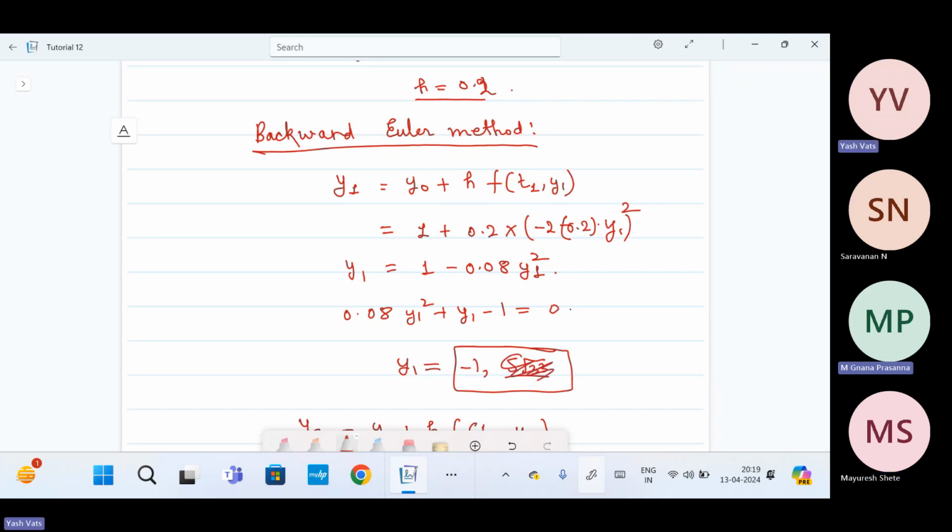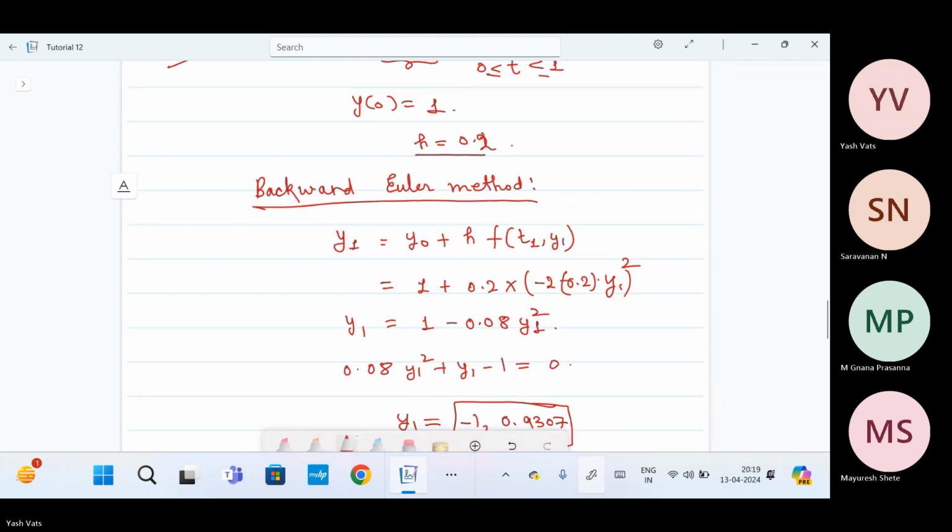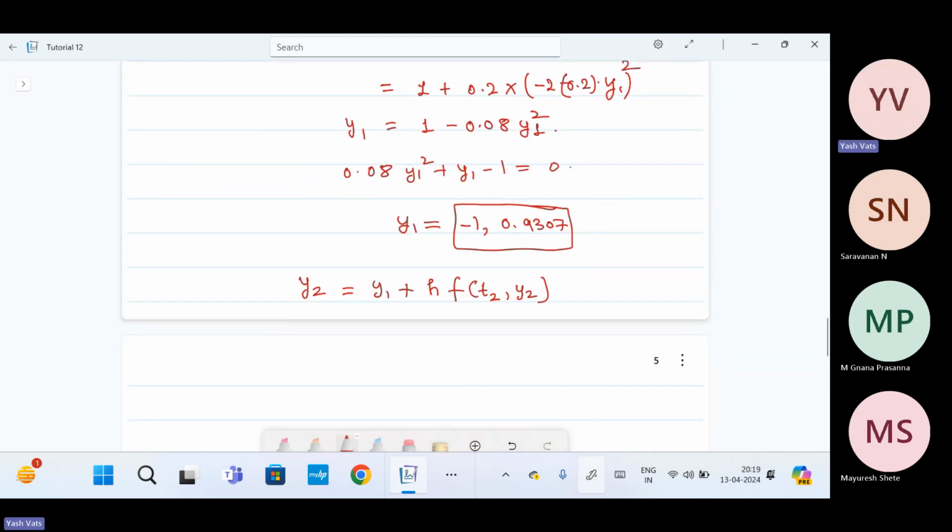Okay, can you tell me the decimals? 0.9307. You can try with both of these and check the answers. So it's close to 1, but you can't take 1.